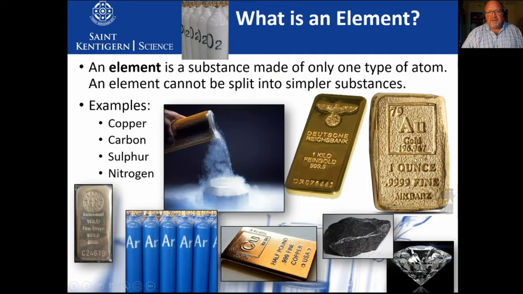Silver, and for those of you who have an eye for detail, have a look at this. That is actually a picture of Nazi gold. You see the swastika there? And the terrible thing about these ingots, they call them, so 1 kilogram of fine gold, 99.9% fine means 99.9% pure. But the terrible thing about this was a lot of this gold was actually extracted from people's teeth.